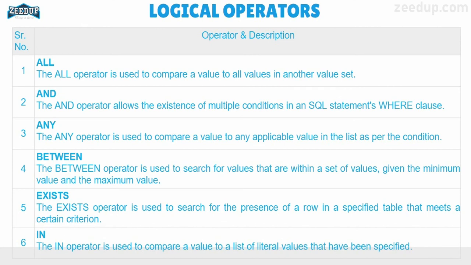Similarly, we have another operator that is known as the in operator. Whenever we are providing a condition, suppose we want to check whether the students are from specific cities or specific countries. We want to select the students if they are from India, USA and Germany.